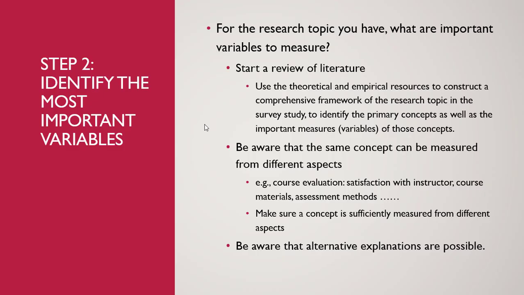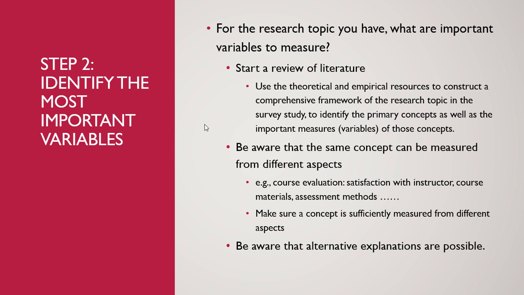The second step is to start a review of literature given the research objectives that you have. You can actually start the review of literature while you're deciding on the research goals in step 1 because the literature also informs you about the current developments in the field. This is a time-consuming step, but it serves as the critical foundation building of your study.